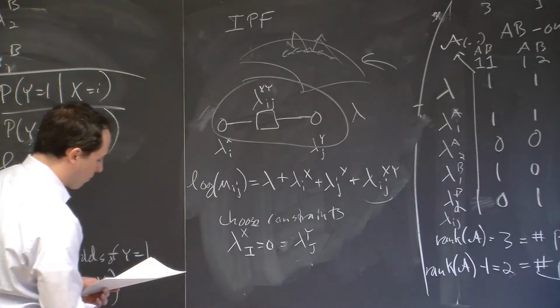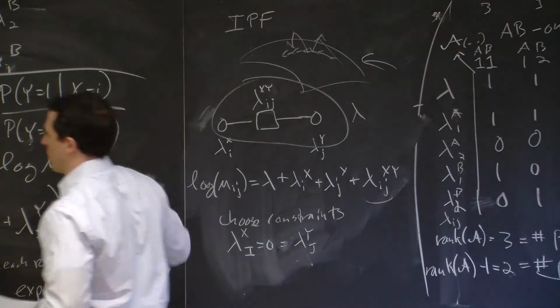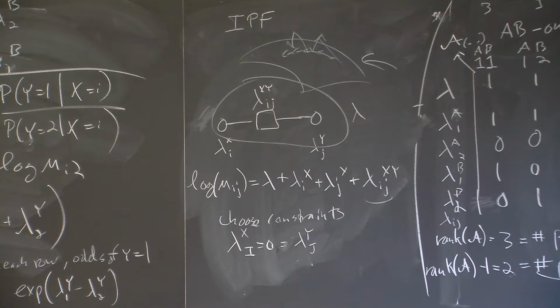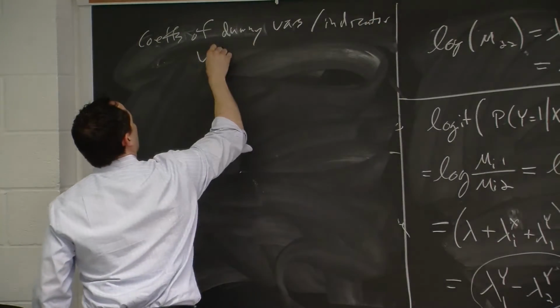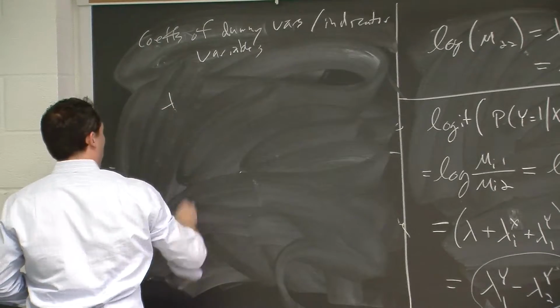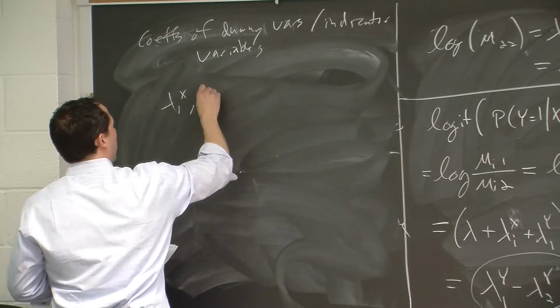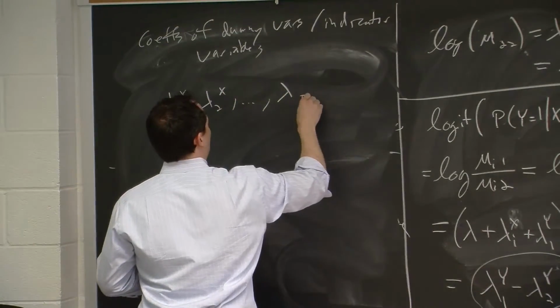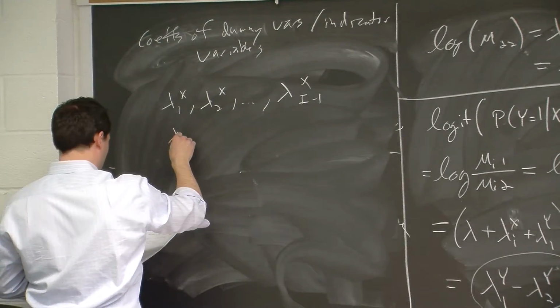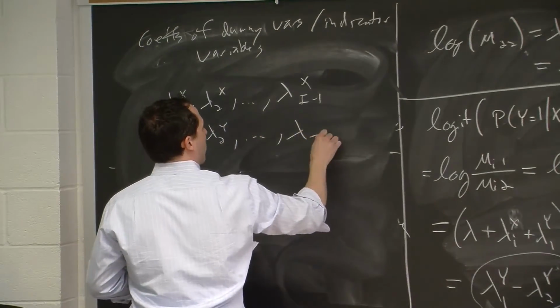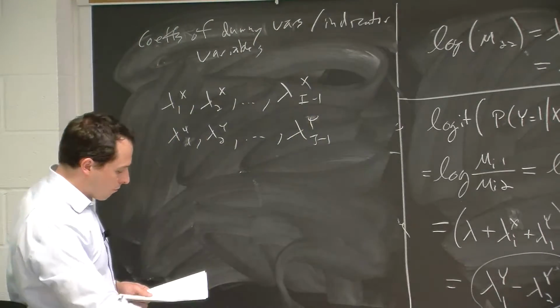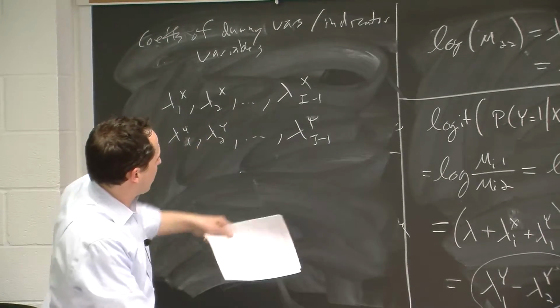If we set the last row equal to 0, then the coefficients of our dummy variables, our indicator variables, are going to be, of course, lambda 1 x, lambda 2 x, up to lambda I minus 1 x, and I don't need the last one because I set it to 0, and lambda 1 y, lambda 2 y, up to lambda J minus 1 y, for the first I minus 1 categories of x and the first J minus 1 categories of y.